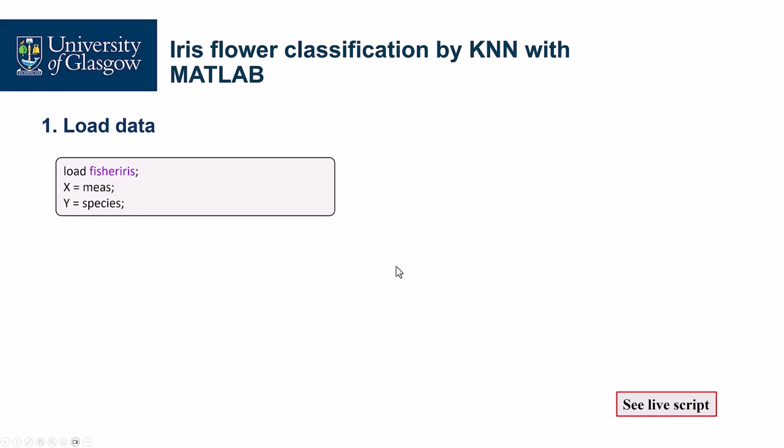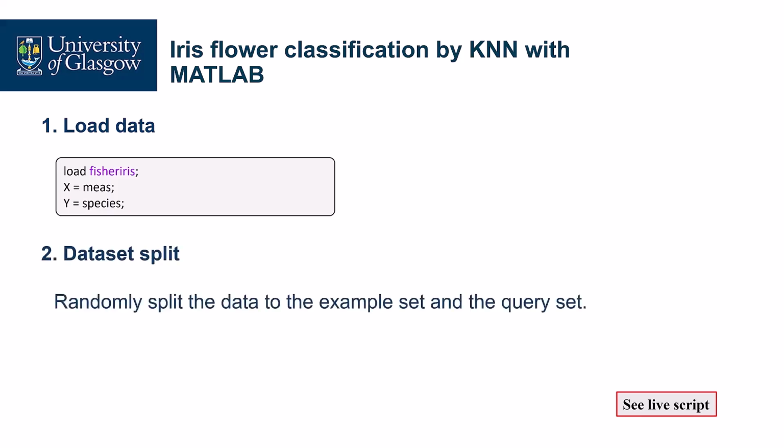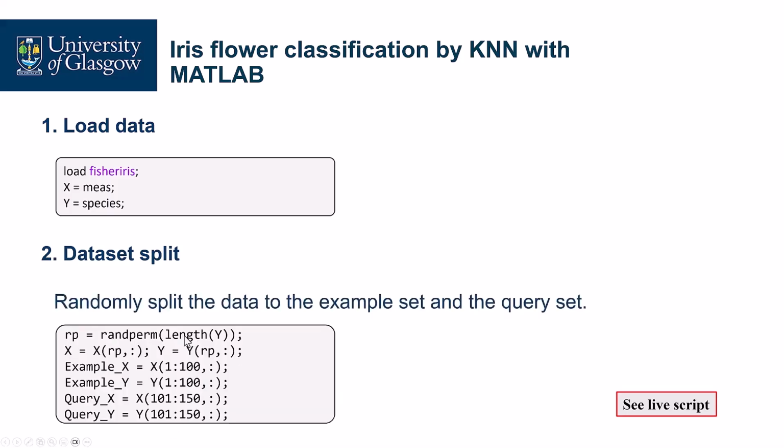Then I will split the 150 samples into the training data, or what we call the example data, and the query data. We use a randomly split data set. We use a function called randperm. You can check it on Google to see how this function works, right?